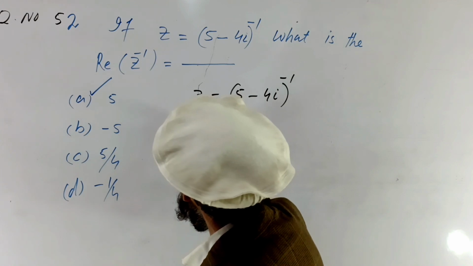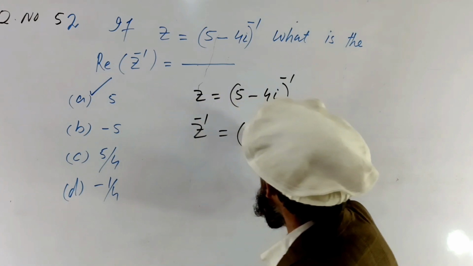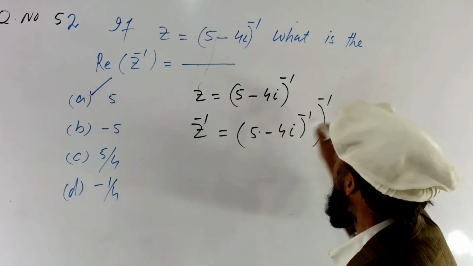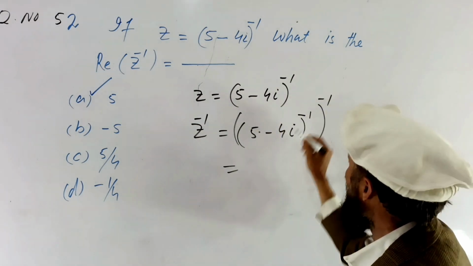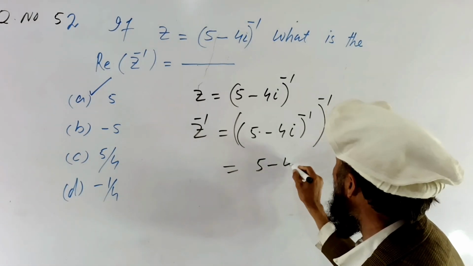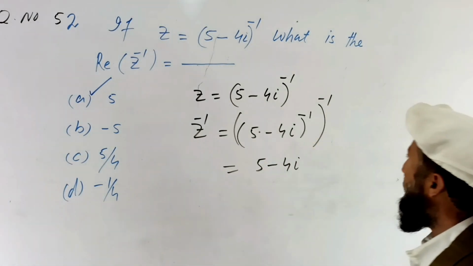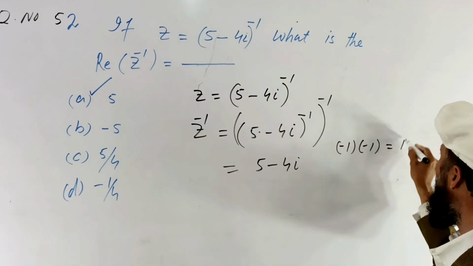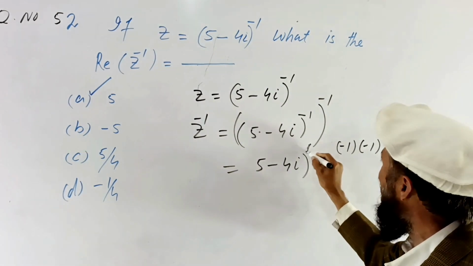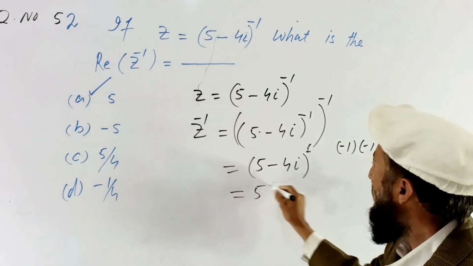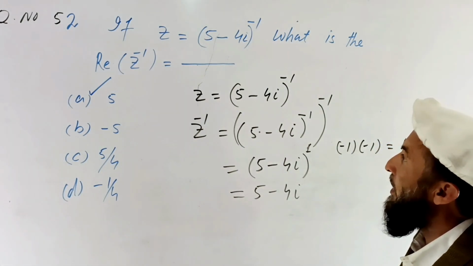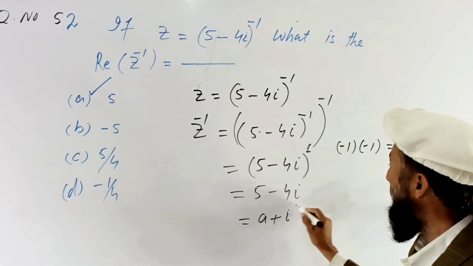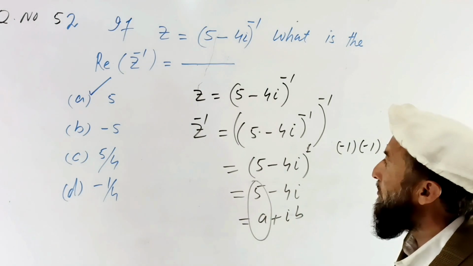If we find z inverse, we write 5 minus 4 iota whole power minus 1 inverse, so minus 1 multiplied by minus 1 gives positive 1, and the power is positive 1. So z inverse is 5 minus 4 iota. According to the formula a plus iota b, the real part is 5.